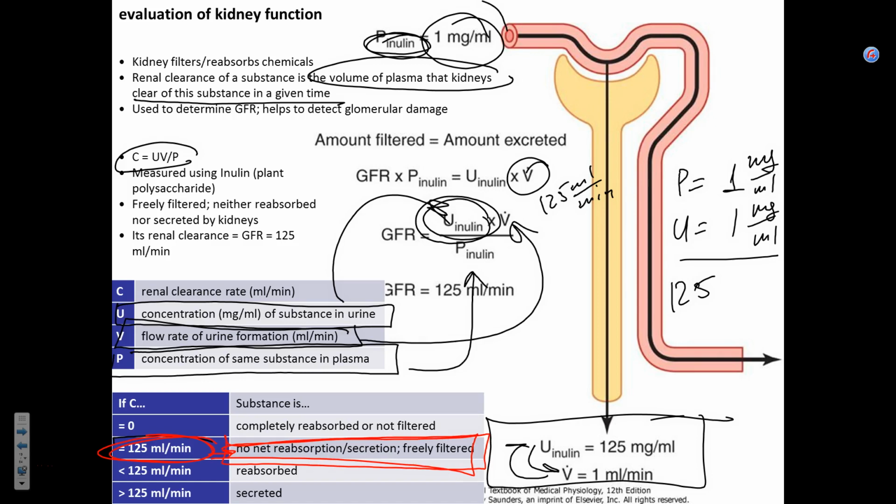Do you understand what I'm saying? There's no reabsorption, there's no secretion. It just goes through the glomerular filtration membrane. Okay, it goes from the blood into the filtrate. Are you with me on that?